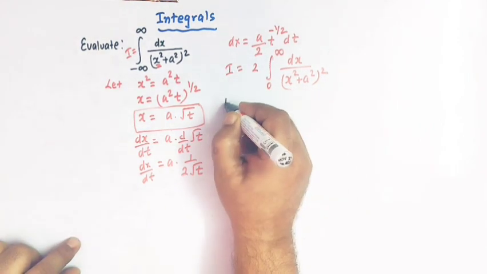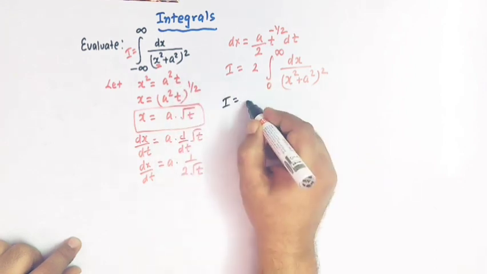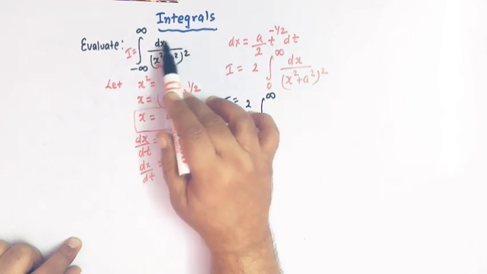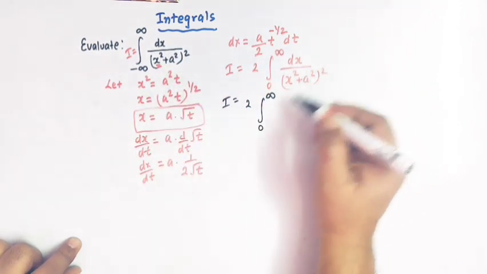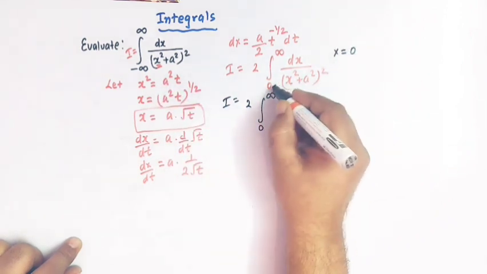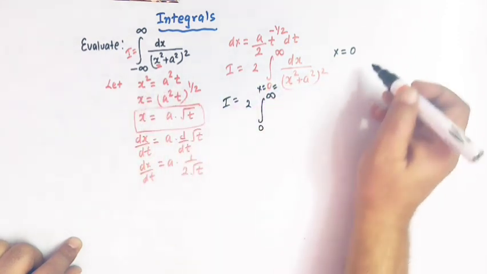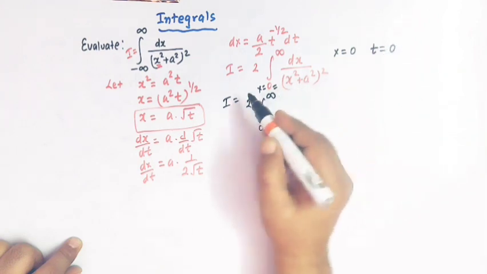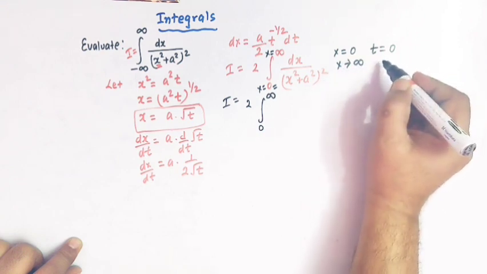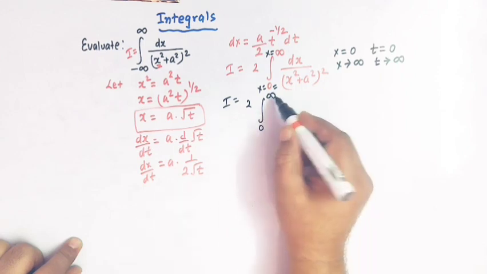Now let us express this integral I in terms of the variable t. So we have 2 here, and the limits of integration are from 0 to infinity, because when x is 0, the value of t calculated from this expression is also 0, and when x tends to infinity, t also tends to infinity.